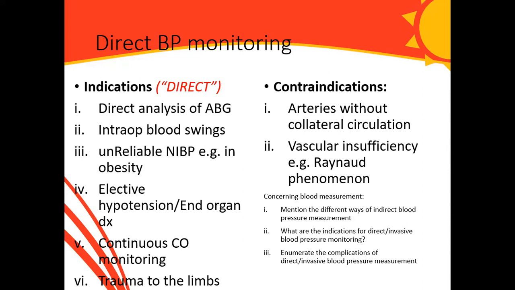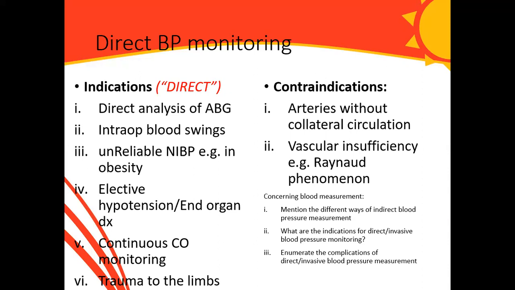Sometimes it's used when non-invasive blood pressure is unreliable, especially in cases of the morbidly obese patient. Sometimes when you can't get appropriate BP cuffs for the patient.